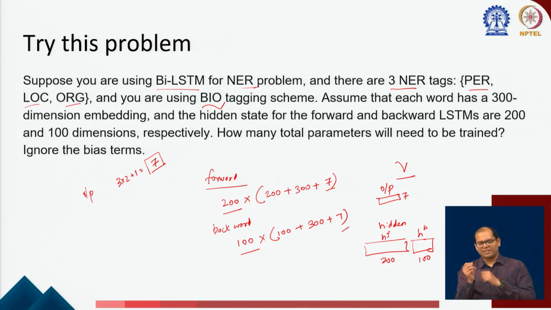That is the final V matrix, and this is for the 2 matrices. This is the W matrix in the forward, 200 cross 300. This is the U matrix in forward, and this is the U matrix in backward, and the W matrix in backward, right? So these will be the parameters. You add these and you will get the final parameters, ignoring the bias terms. So this is an easy computation. You can do that and see.